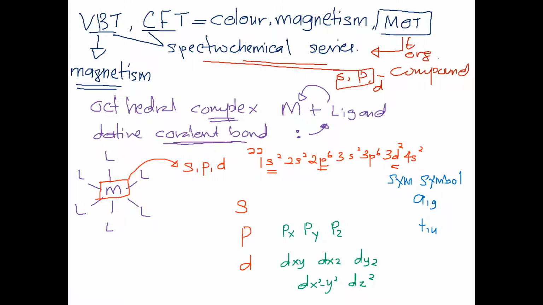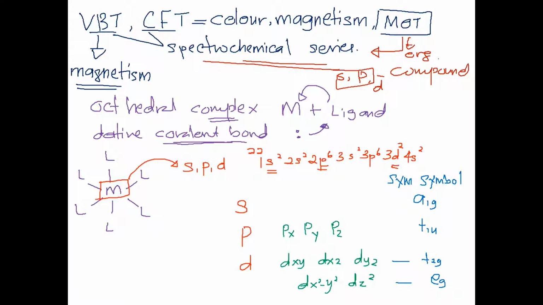The d orbitals will be divided into two: the first one will be T2g, and the second one will be Eg. Do you know what A, T, and E mean here? It has its meaning, it is not just random letters.